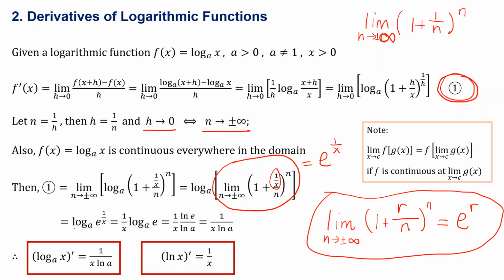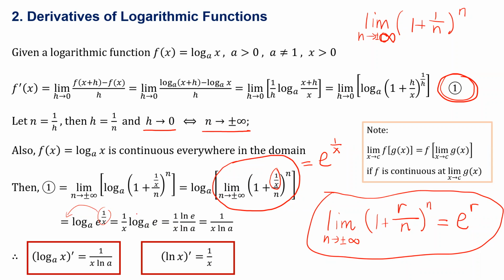Okay, so this gives us log base a of e to the power of 1 over x, which we can put 1 over x in front of, according to the power rule of logarithm. So that equals 1 over x times log base a of e.